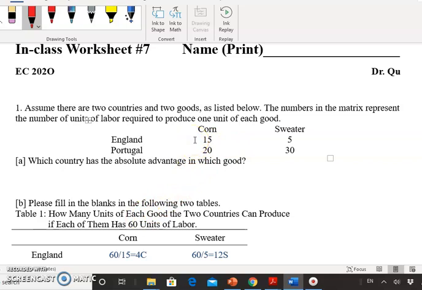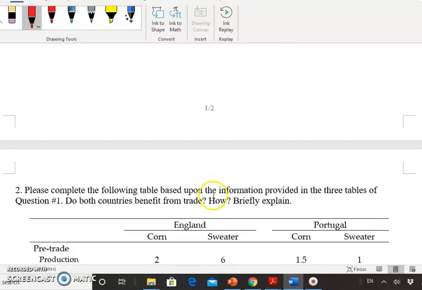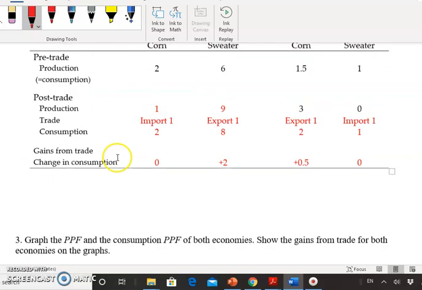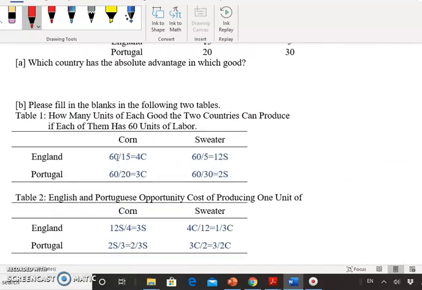If every unit of labor is devoted to corn production, it should be able to produce 4 corn, 60 divided by 15. So I'll arbitrarily pick one point here for 4 corn. Again, that's the maximum England can produce, so that should be a point on England's production possibility frontier.